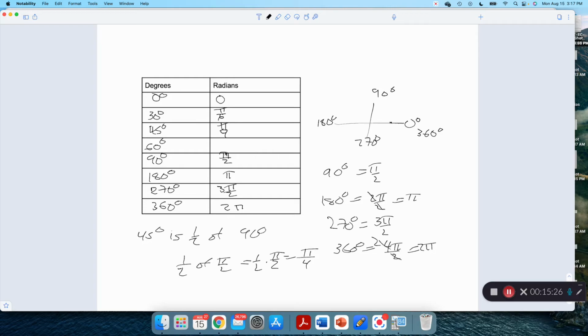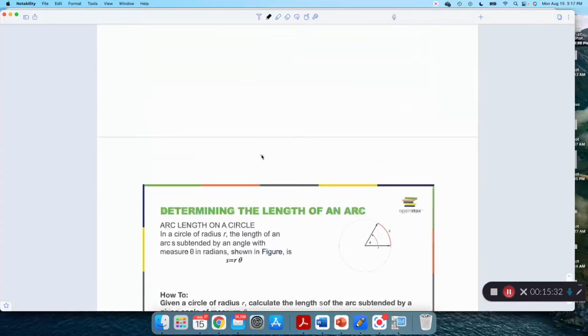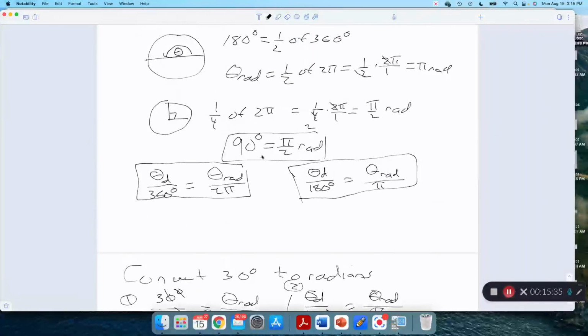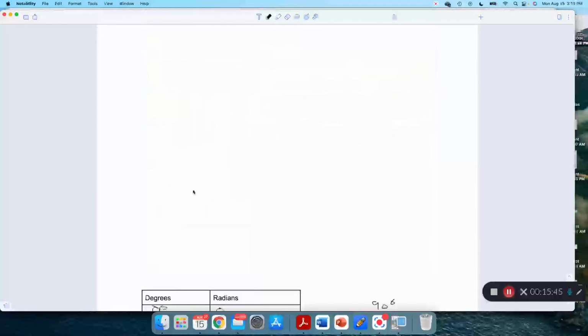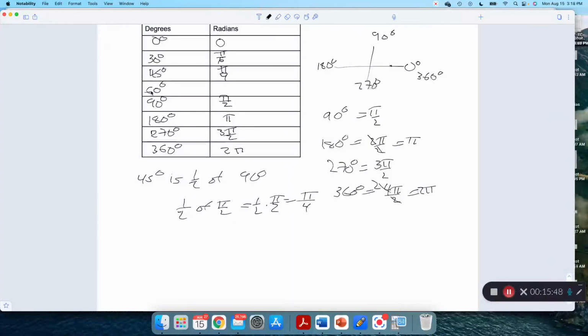We could use something similar to find 60. We could use one of these formulas way up here to convert 60 into radians. Or I could just use fractions and the knowledge I already have. I could think, oh, well, 60, that's 1/3 of 180. 180 is pi radians, so pi over 3.